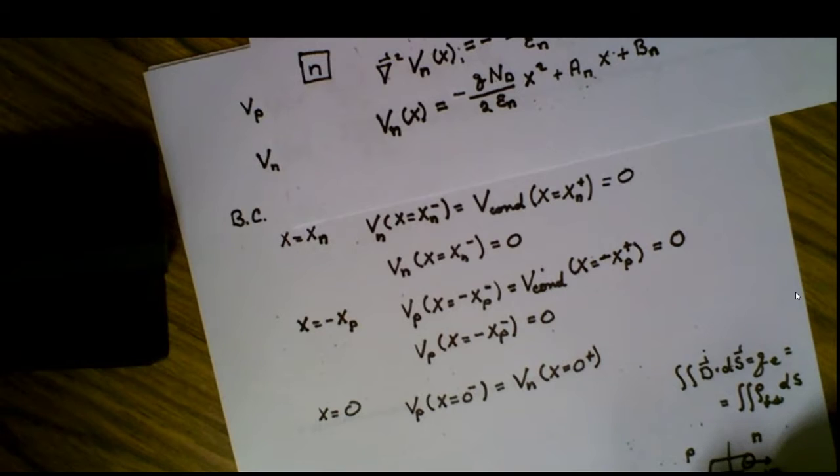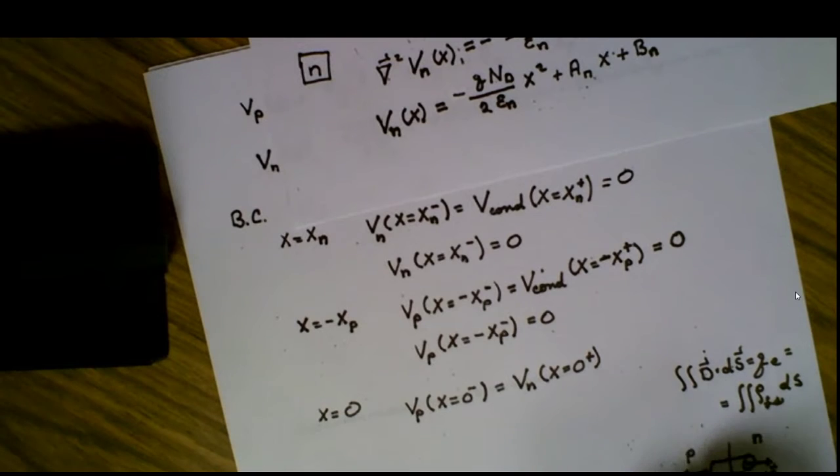So this will be ds sub n, and this one will be ds sub p. Here we go. And it is a vector. And let us look at our positive direction. Our positive direction in x is in that direction.